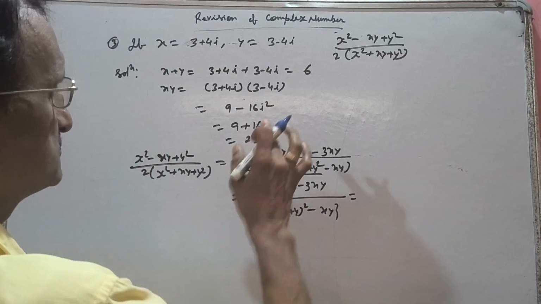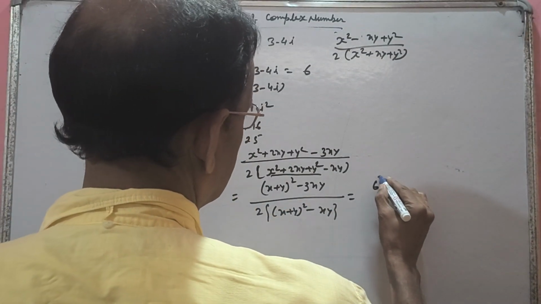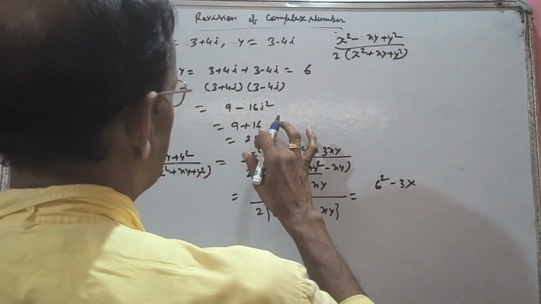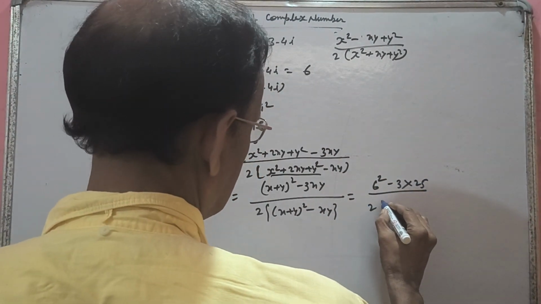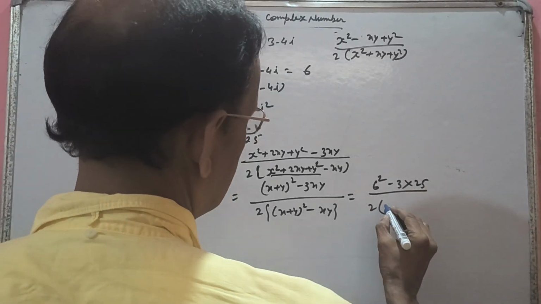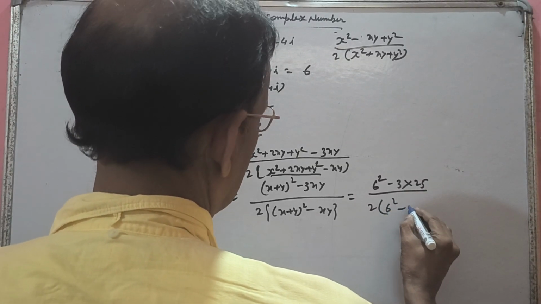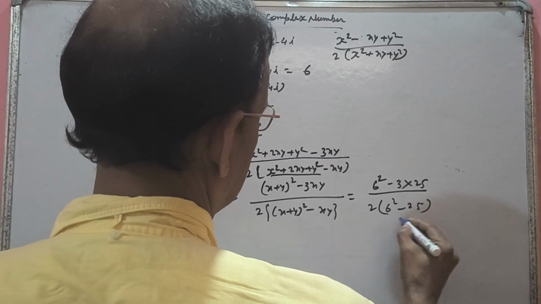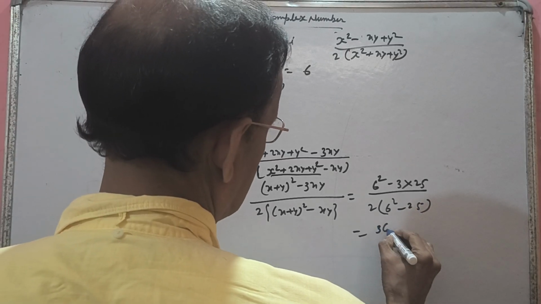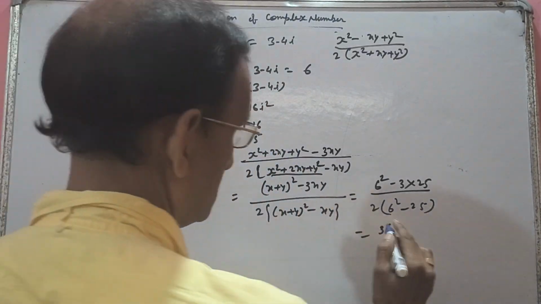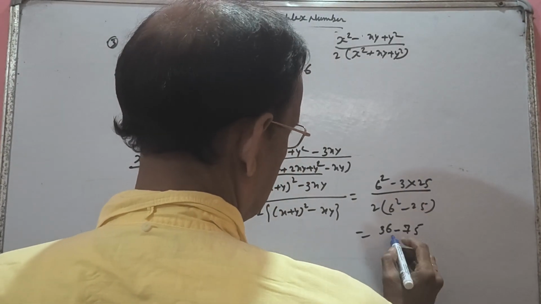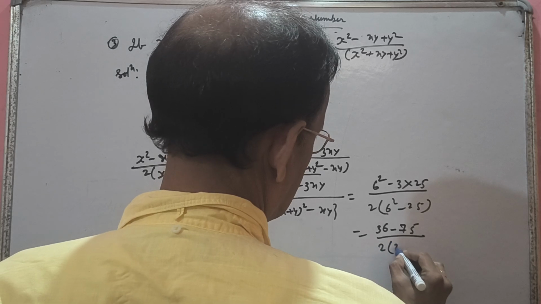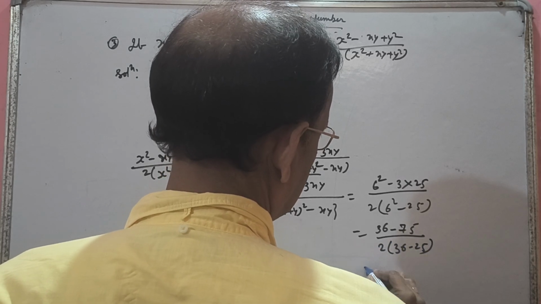We have the value x plus y is 6. Put the value: 6 square minus 3 into xy value, which is 25, by 2 into again x plus y value, which is 6, minus 25. So this is 36 minus 75, by 2 into 36 minus 25.